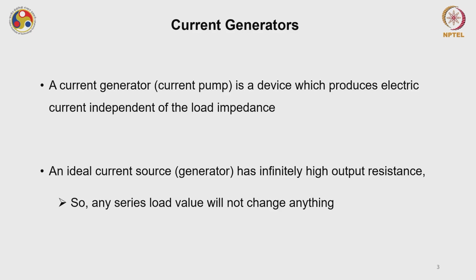An ideal current generator has basically infinite output impedance, so any series load will not change anything in the circuit. If the output impedance is very high, whatever you give at the load doesn't matter.